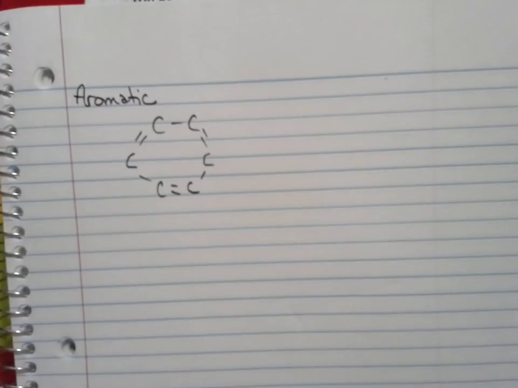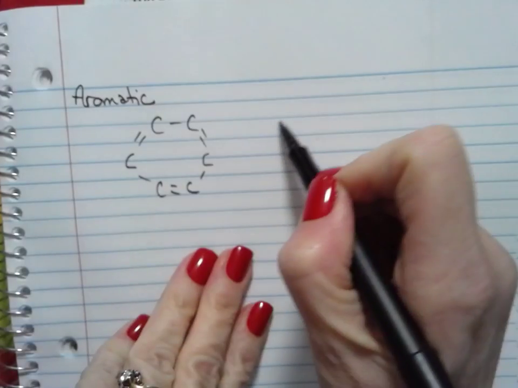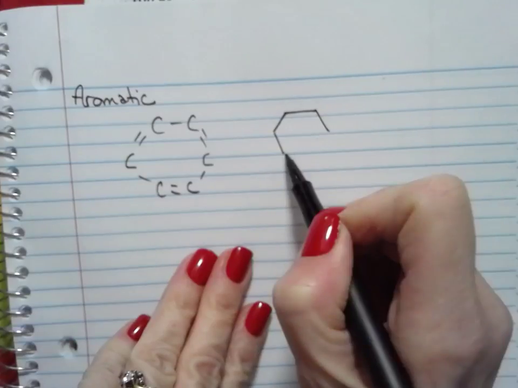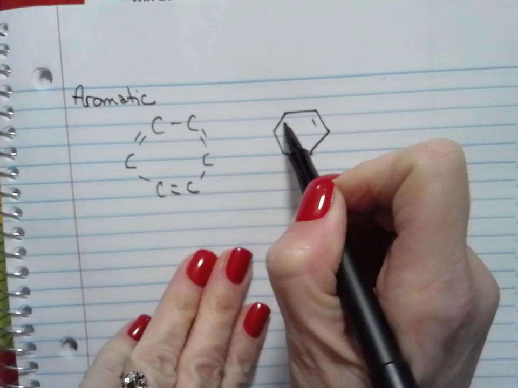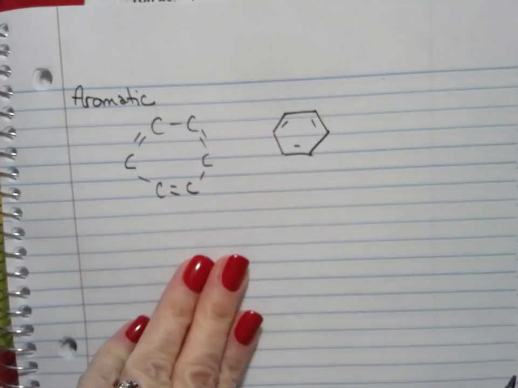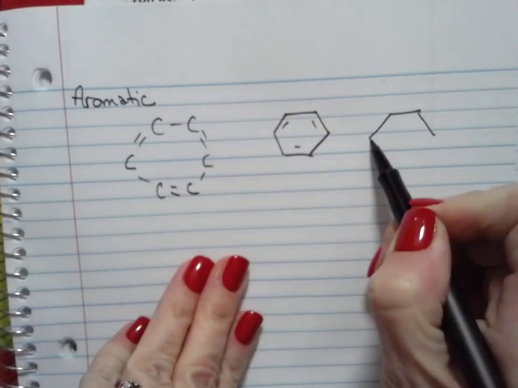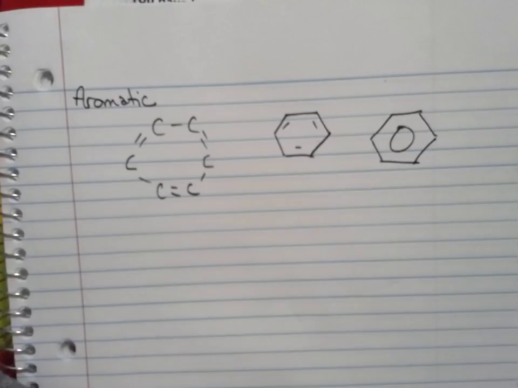Okay. An aromatic functional group is, in your book, drawn in this way with alternating double bonds. I need you to understand that you will very frequently see it drawn this way with a circle in it. Okay, you need to get used to that.